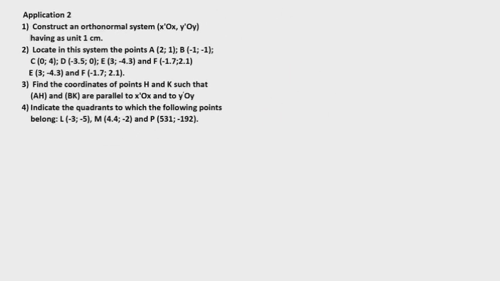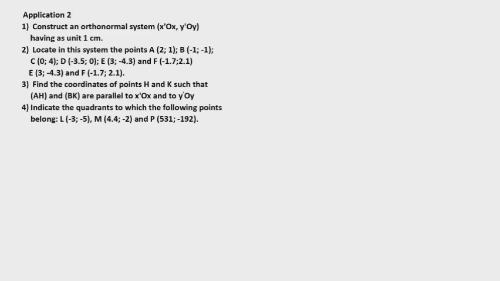Application 2. Construct an orthogonal system x'Ox, y'Oy having as unit 1 centimeter. Locate in this system the points A (2, 1), B (-1, -1), C (0, 4), D (-3.5, 0), E (3, -4.3), and F (-1.7, 2.1).